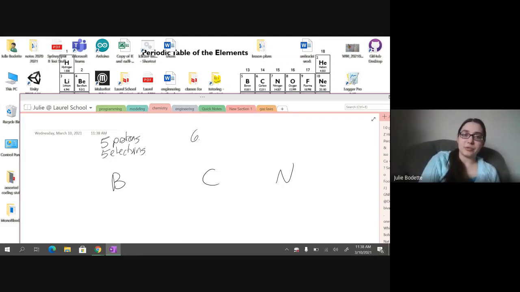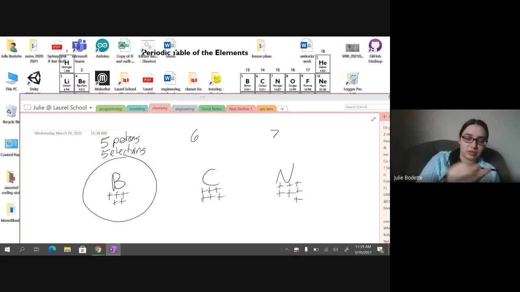Carbon has 6 protons and 6 electrons. Nitrogen has 7 protons, 7 electrons. So I'll go ahead and draw these 5 pluses, 1, 2, 3, 4, 5. 1, 2, 3, 4, 5, 6. 1, 2, 3, 4, 5, 6, 7. So here's boron.